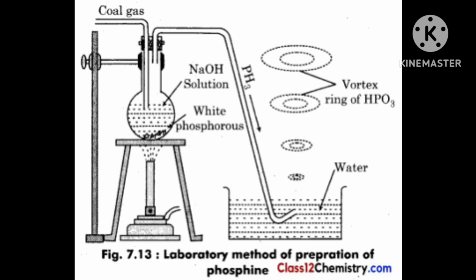It explodes in contact with traces of oxidizing agents like HNO3, Cl2 and Br2 vapors. When PH3 comes in contact with traces of oxidizing agents like HNO3, chlorine and bromine, that is, their vapors, then it will explode.